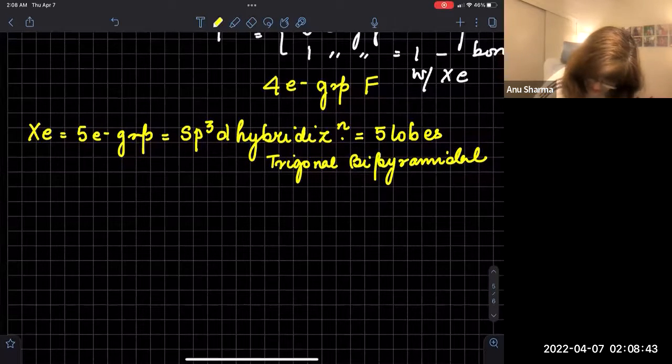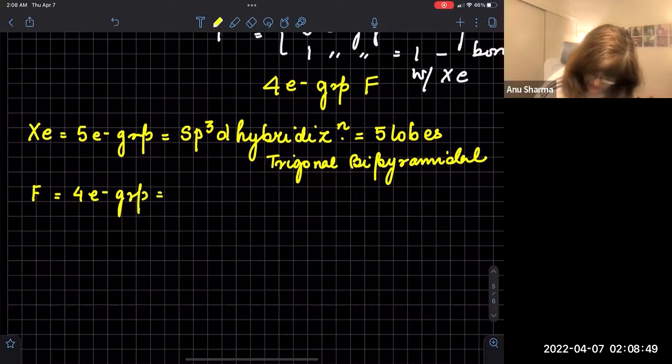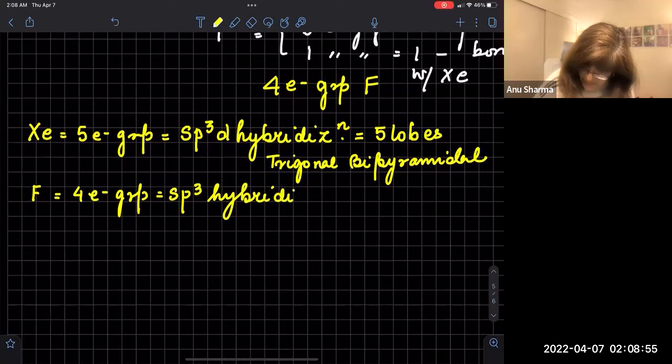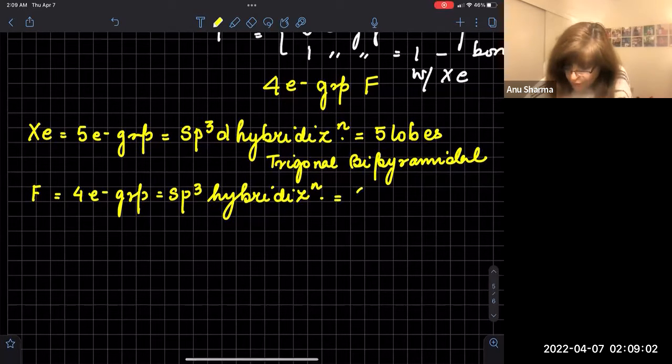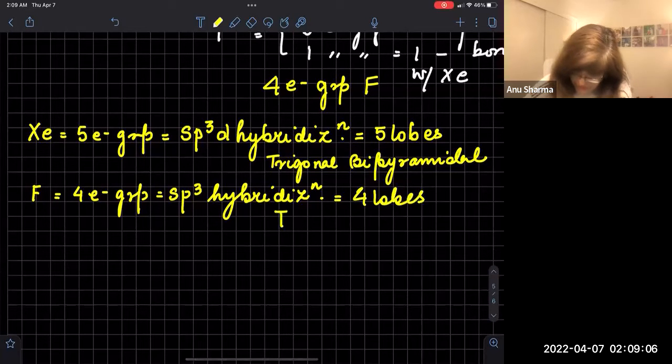Next is the fluorine. Fluorine has 4 electron groups, and these relate to sp3 hybridization, right? And that means 4 electron groups means 4 lobes, and this relates to tetrahedral.